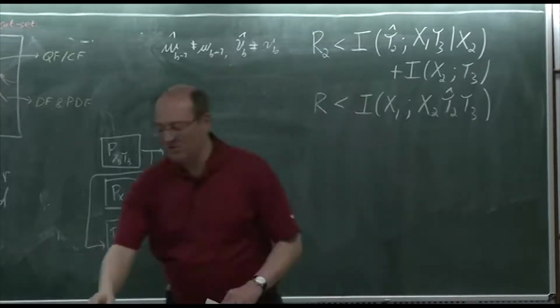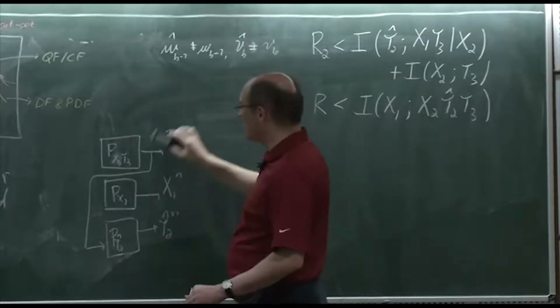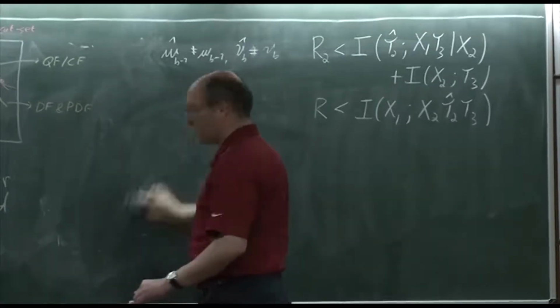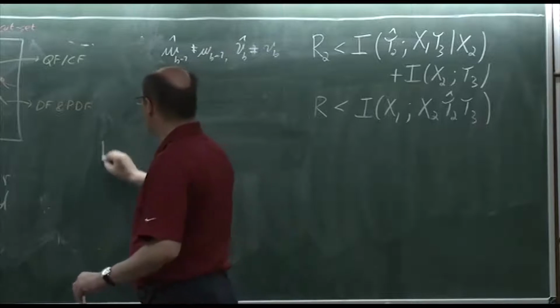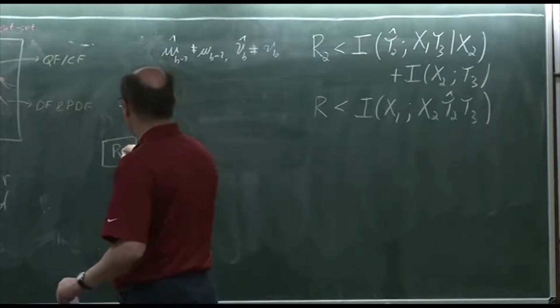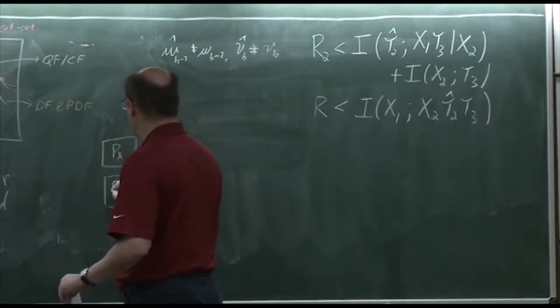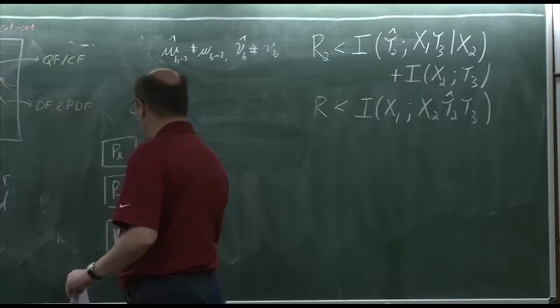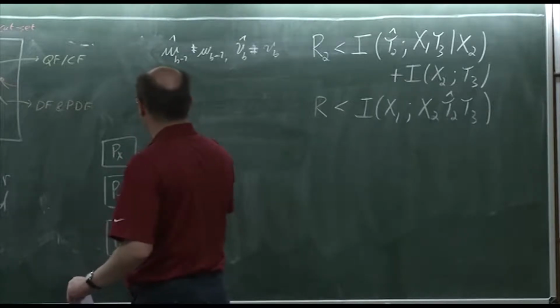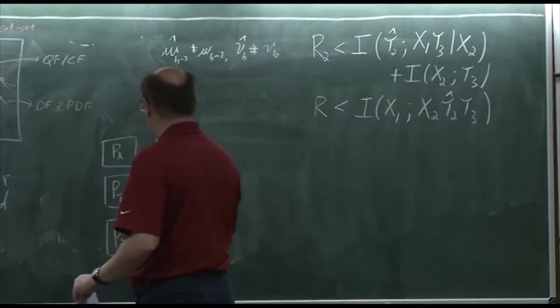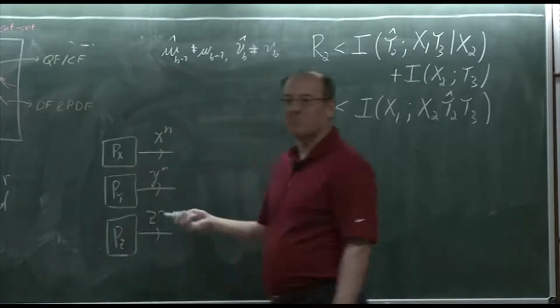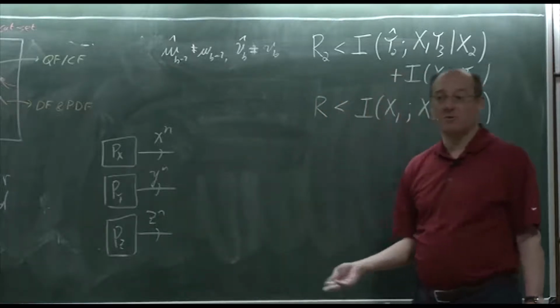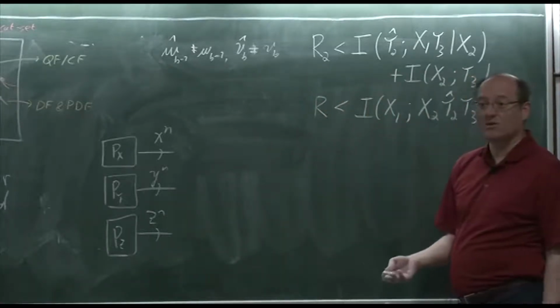So this corresponds to a case, if we didn't have the conditioning, of asking a question like this. Suppose I have three sources, P_X, P_Y, P_Z. What's the probability that all three of them happen to be jointly typical with respect to some joint distribution? Okay, what is the probability of that? And that's not too hard to test.